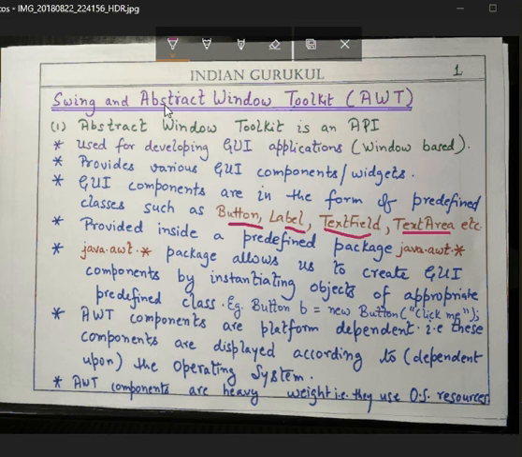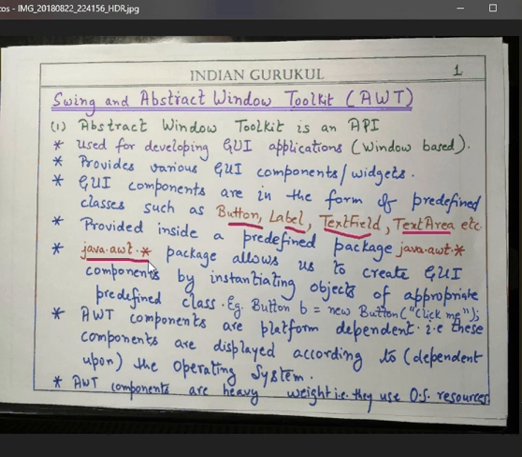As I've already discussed, this was there in the first version of Java, Java 1.0, in the year 1995, and the java.awt.* package was included. Later on the Swing package and classes were included, which had better appearance and better features than the Abstract Window Toolkit.